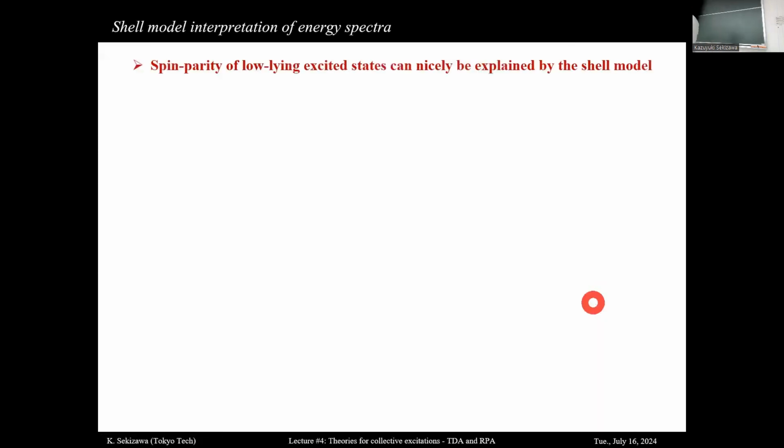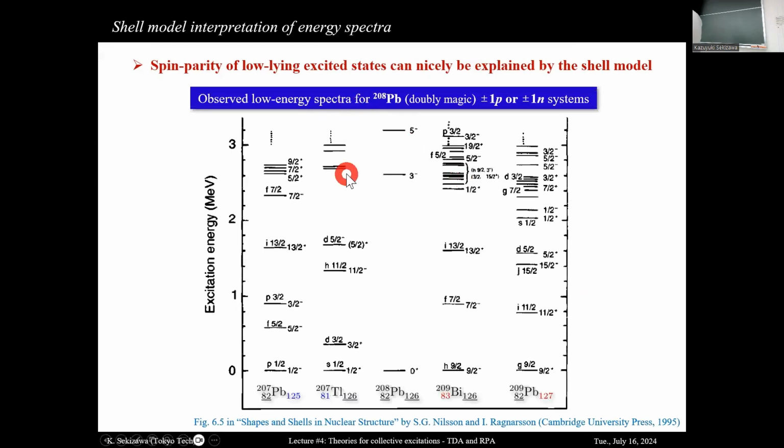Here I just show some typical example. This figure shows some low-lying states around lead-208. The central one is lead-208, which has a doubly closed shell, with proton magic number 82 and neutron magic number 126.